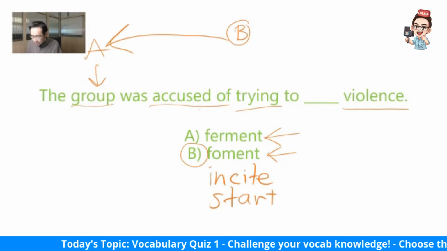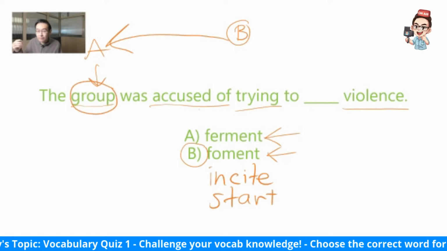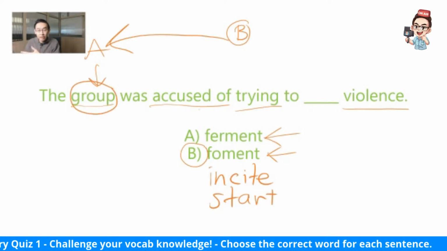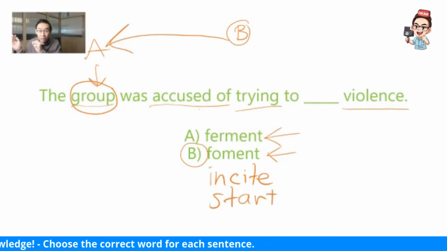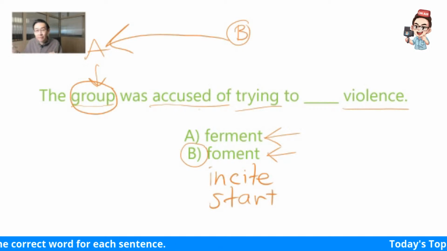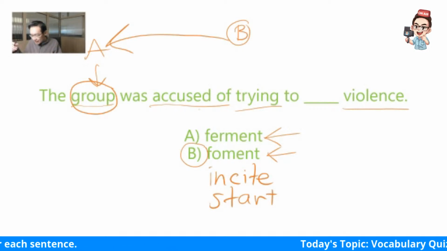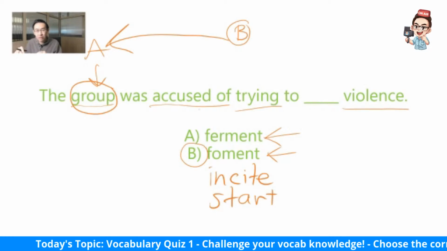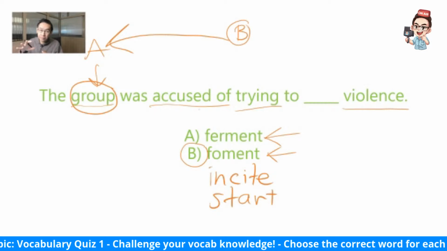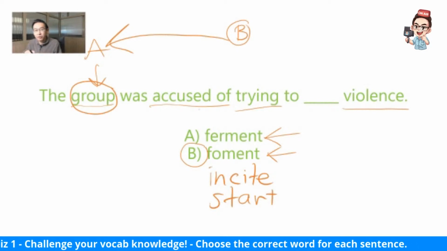Maybe this group said something to someone that they should break things. That's trying to foment, to incite, or to start violence. So the best answer is B, foment. The group was not trying to change the property of a food, so it's not ferment.